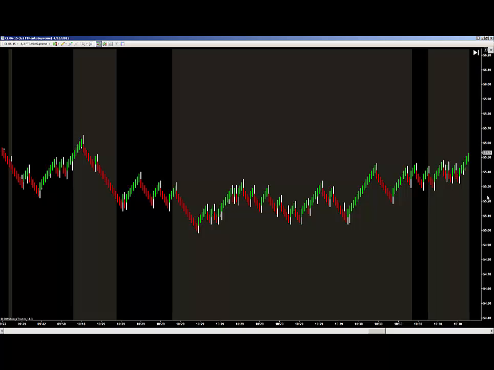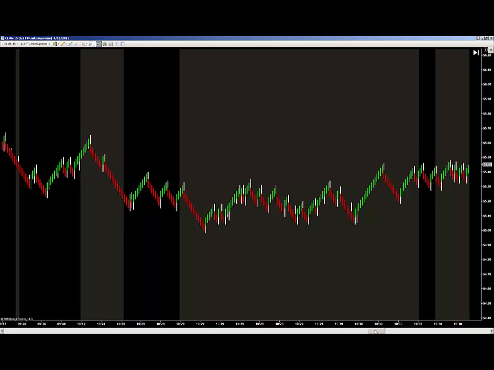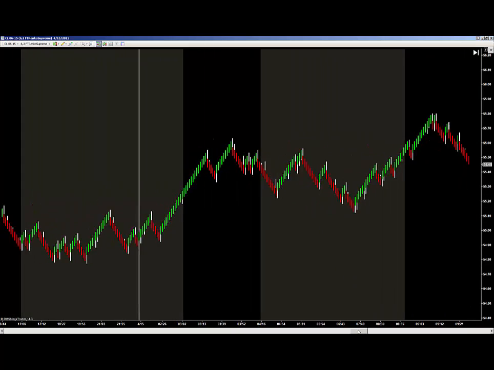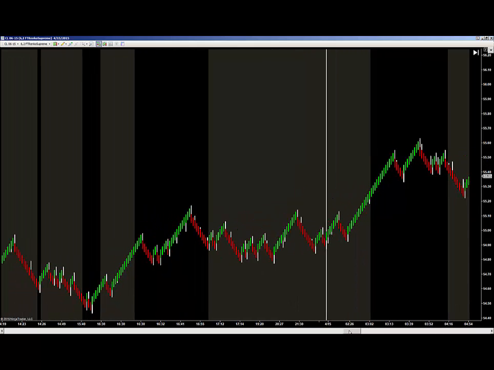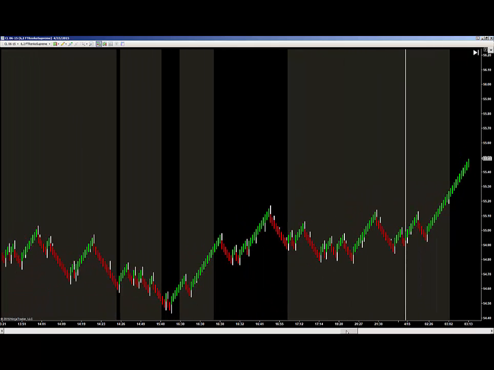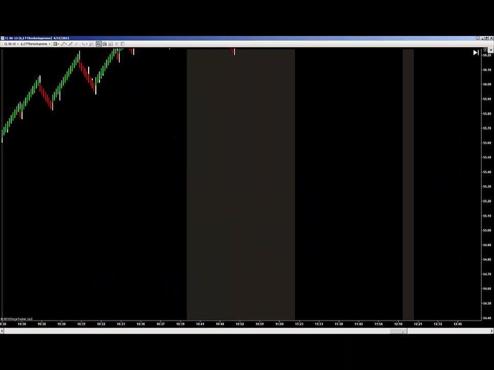This is crude oil, so 10 ticks per point. And sure enough, that looks like a range bound area. It just broke out of it, went back into it, very, very range bound looking. So at this point, I'm pretty happy with that squeeze setting in terms of how we define our range bound area.